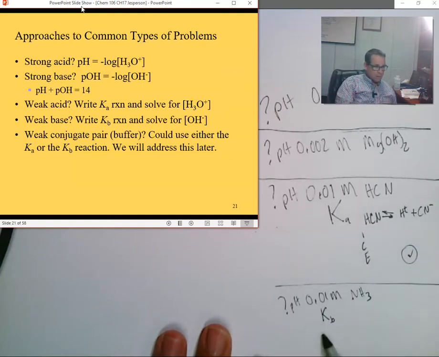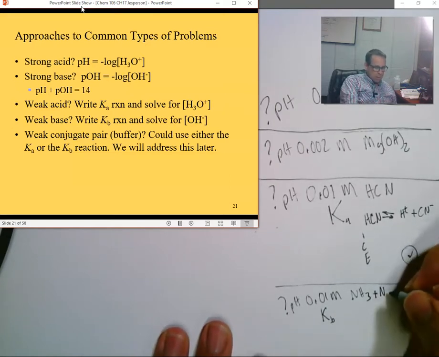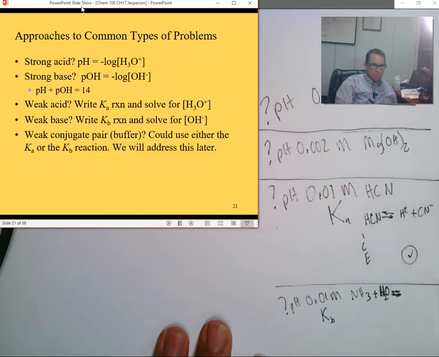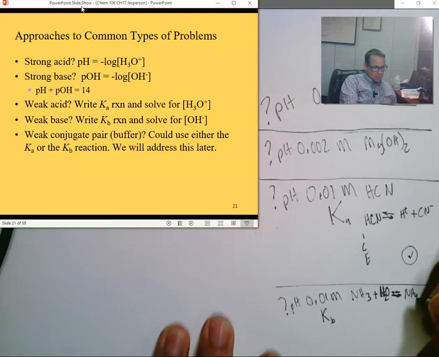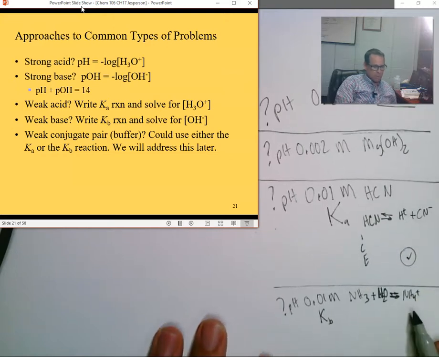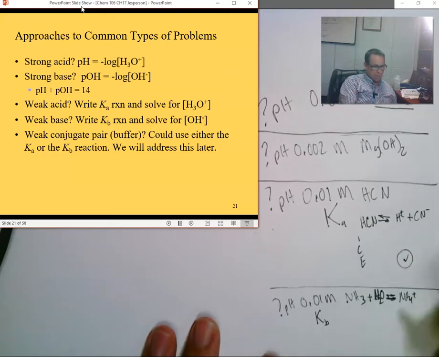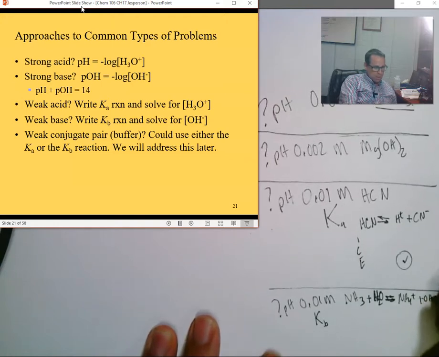And in this case, they will need to provide the Kb for us because NH3 will act as a base with water, H2O, reversibly, right? And the result here will be the NH4 plus, which is the conjugate acid of that base, and the hydroxide ion.